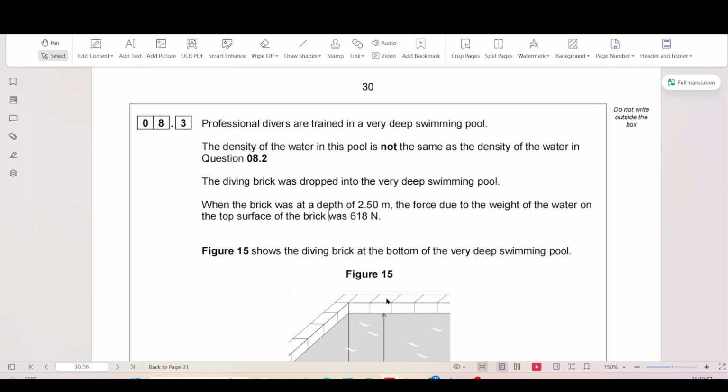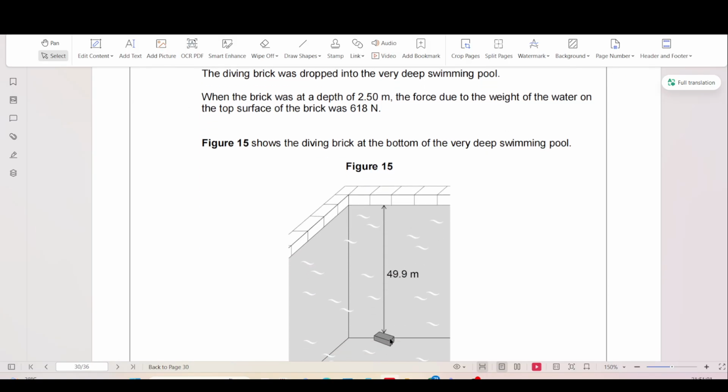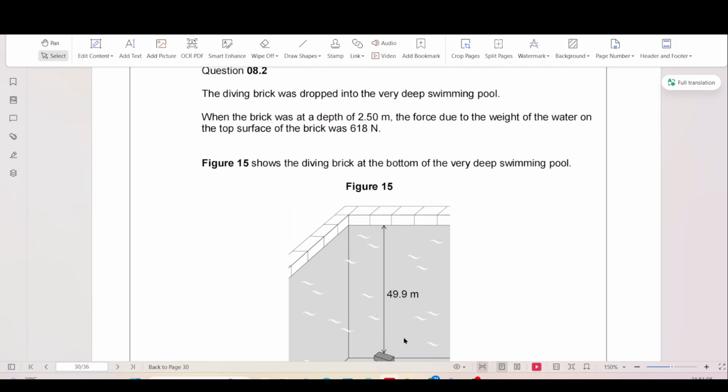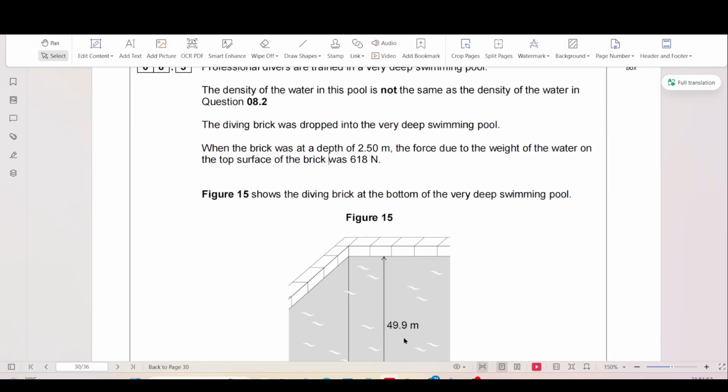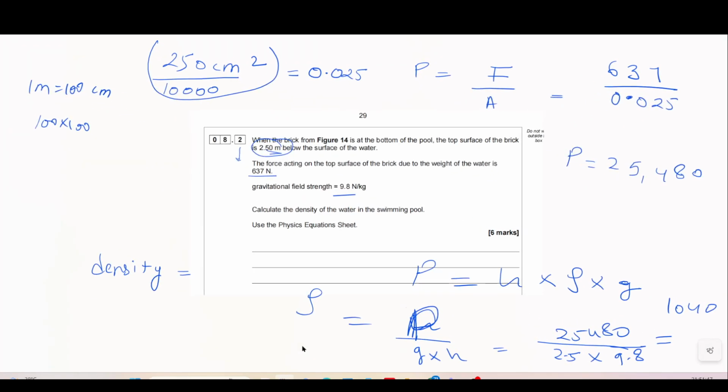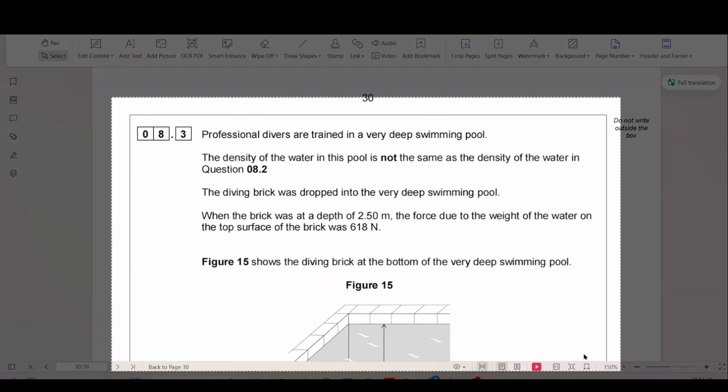So depth here at the top, the brick, figure height, and then you go up force. Force and height. What formula?